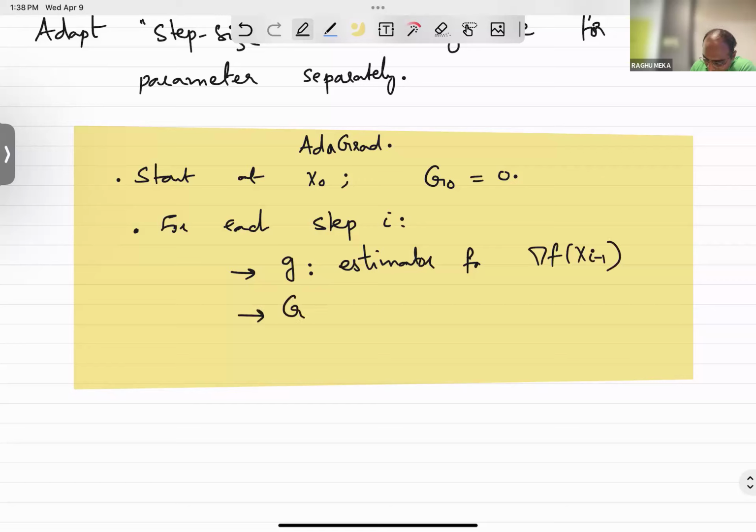Now I'm going to compute G_i for each coordinate. So in the jth coordinate, what is the total magnitude of the gradients that I've seen? That's what this is calculating.